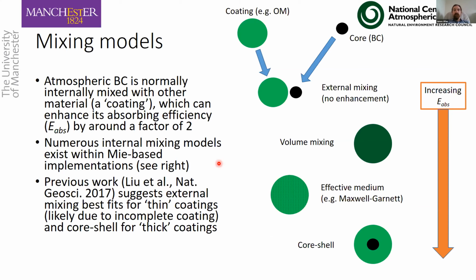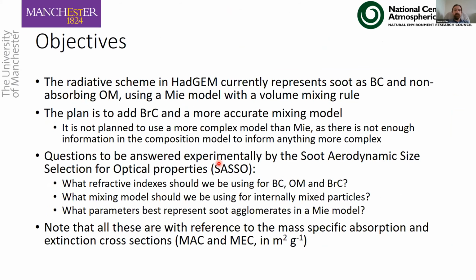So the objectives of this work, this is the SASO project, a NERC-funded project: we're trying to use some new techniques and new equipment to get out the appropriate parameters that we should be using in these climate models, which includes measurements of black and brown carbon.